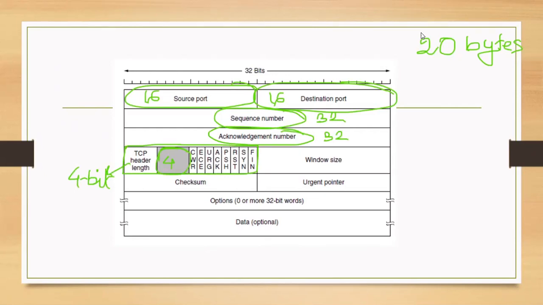Then following these you see CWR, ECE, all these different 1-bit flags. Each of these represents something. Since it is 1 bit, its value may be either 0 or 1. If it is 0, it means something, and if it is 1, it means something else.